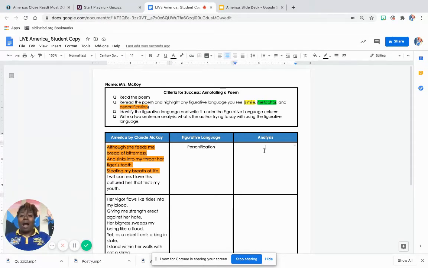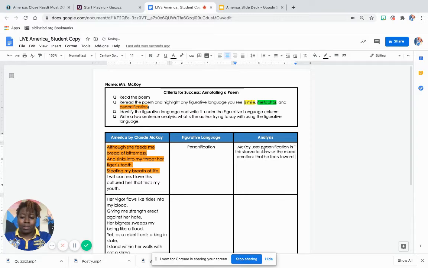I mean, what is really going on? So I'm going to say, okay, in this little chunk of the text, McKay, not McCoy, uses personification. We already see that it's personification in this stanza to show us the mixed emotions that he feels toward America.